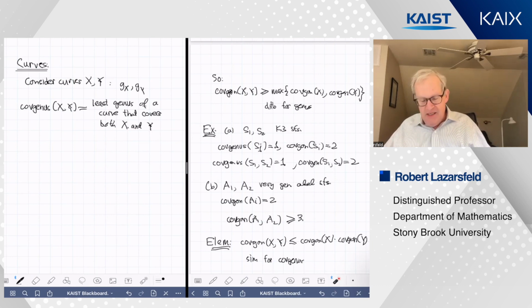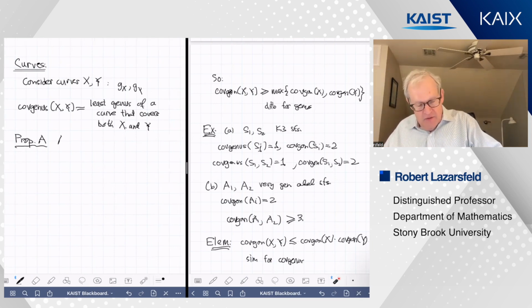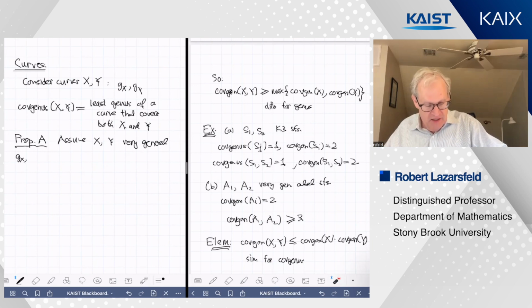And amazingly enough, it isn't at all clear what the answer is. For genus, there's something you can say anyway. I don't think it's optimal, but at least it has the right shape. So let's assume that X and Y are very general curves, of genera gX, gY at least 2.